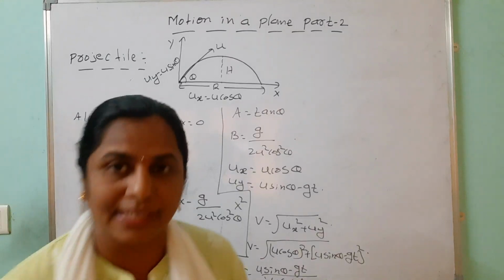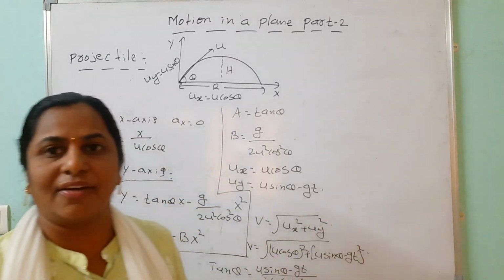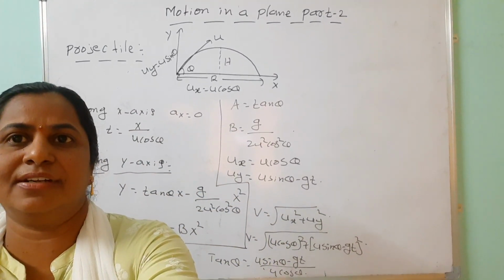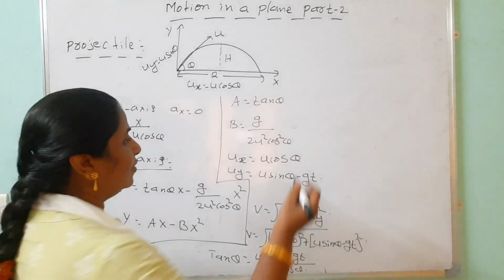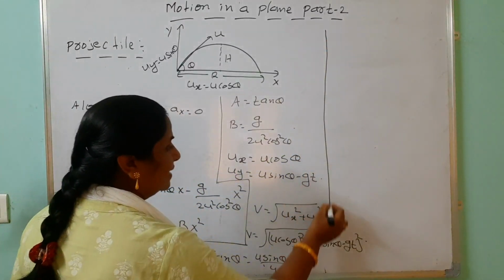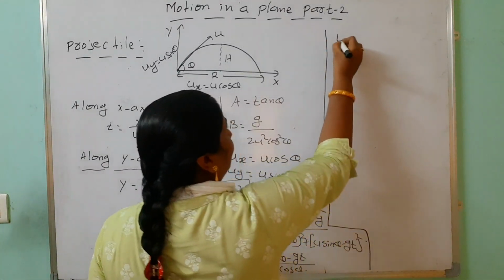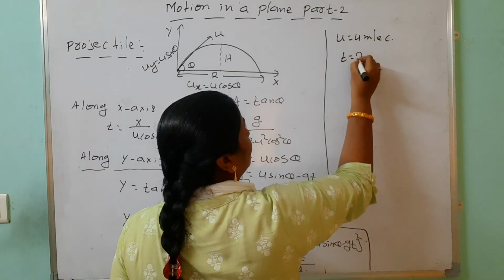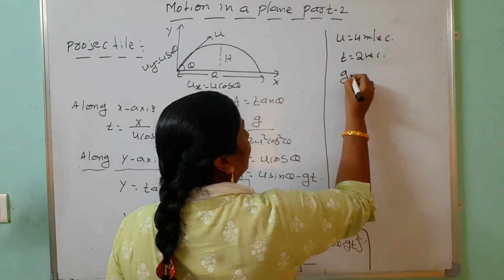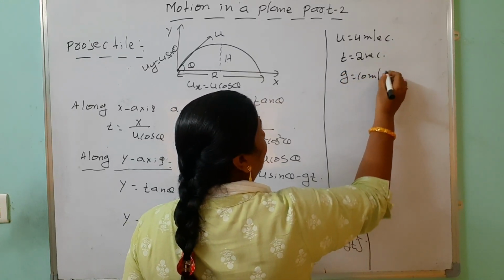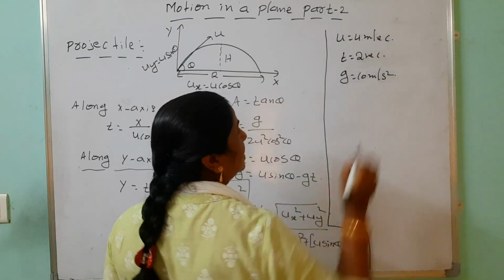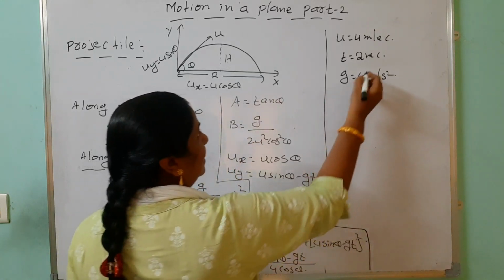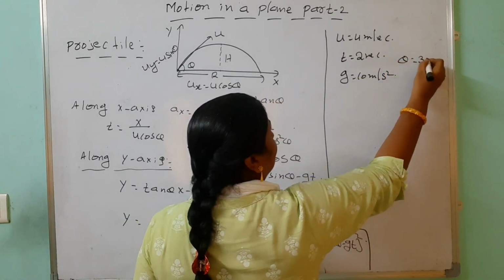Suppose the question is to find the velocity after 2 seconds. Then how do we find it? The given data is like this: u equals 4 meters per second, t equals 2 seconds, g equals 10 meters per second square, and theta equals 30 degrees.